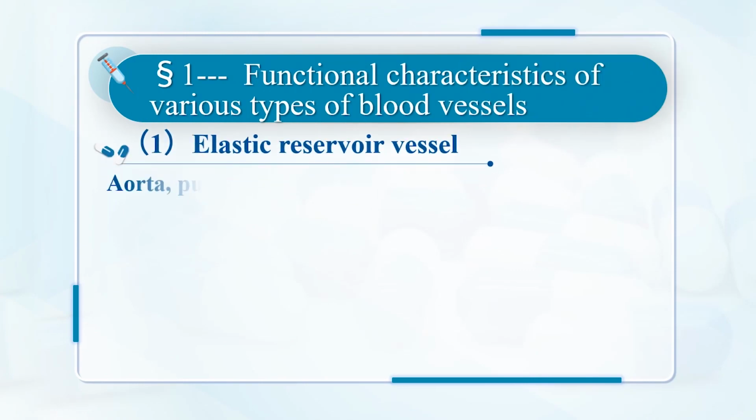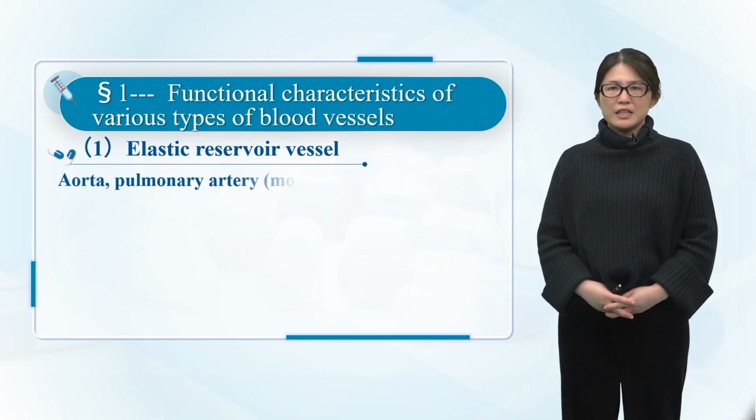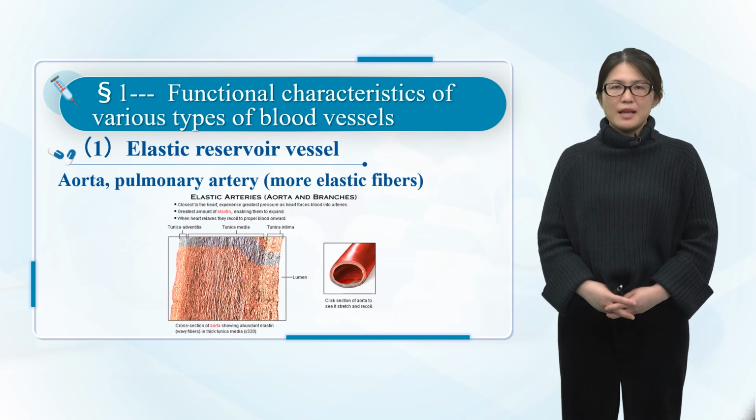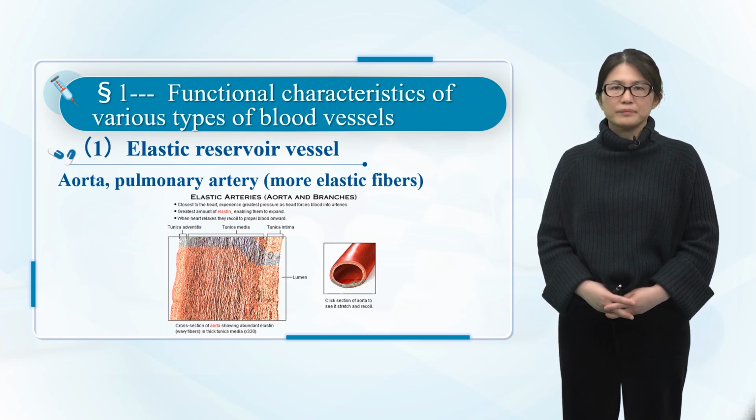The elastic reservoir vessel refers to the aorta, the main trunk of the pulmonary artery and its largest branch. Its wall is thick, rich in elastic fibers, and has obvious elasticity and expandability.